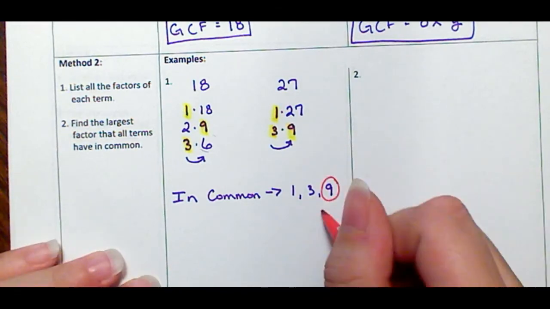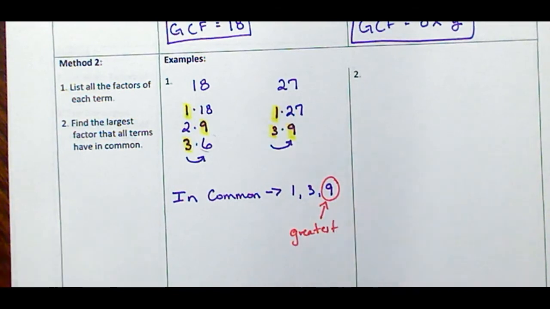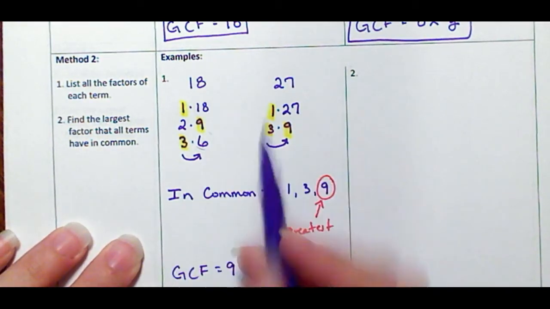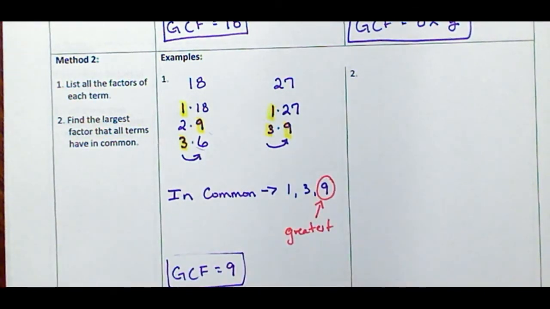It is the greatest. So our GCF for this problem is going to equal 9. 9 is the biggest number that divides evenly into both of those terms.